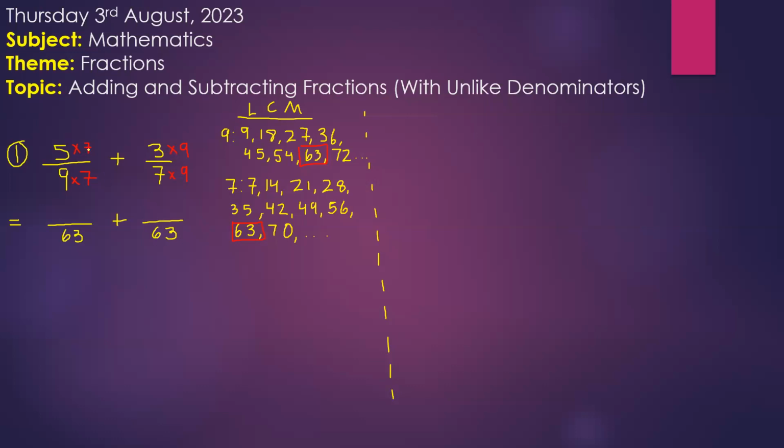All right, 5 times 7 is what? 35. And 3 times 9 is what? 27. Good. All right, so now we have to add. What is 35 plus 27?